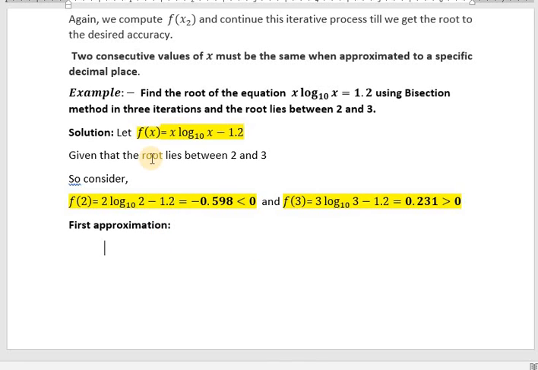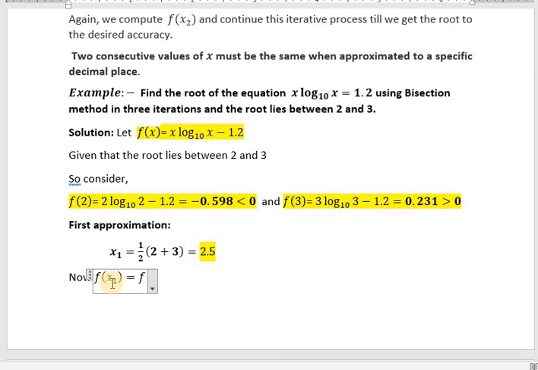Now for the first approximation, let us take up the formula, that is x1 = half into (2 plus 3), because the root is lying between 2 and 3. So a is equal to 2, b is equal to 3, hence half into (2 plus 3). We get x1 = 2.5.